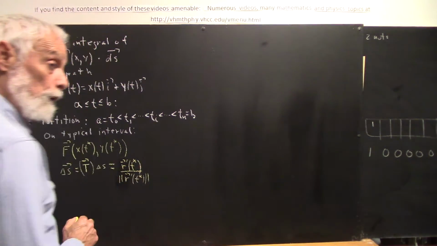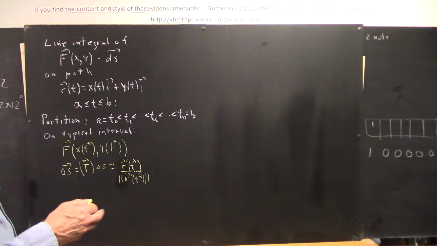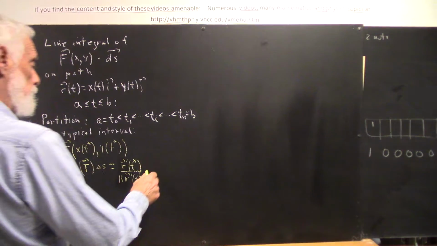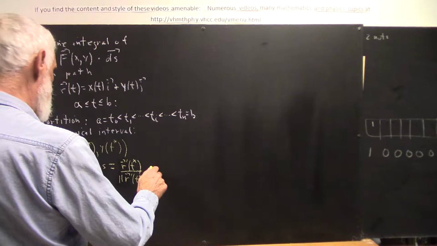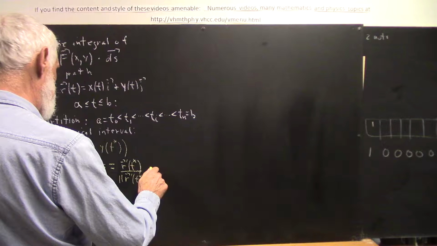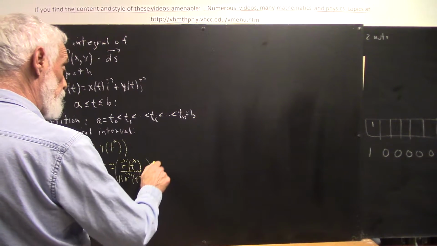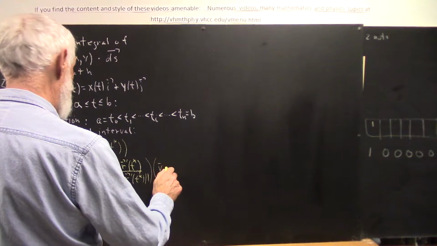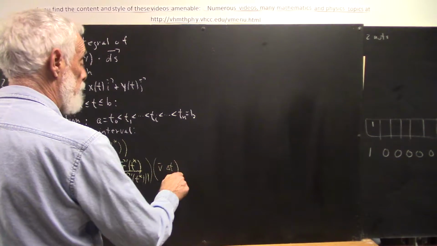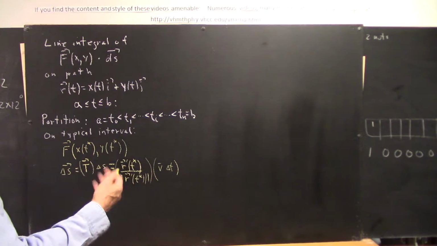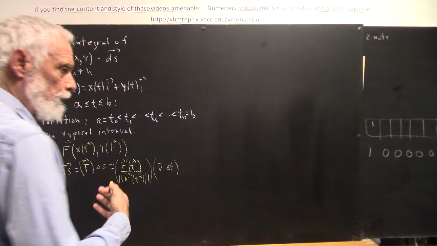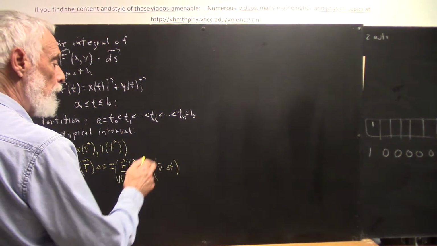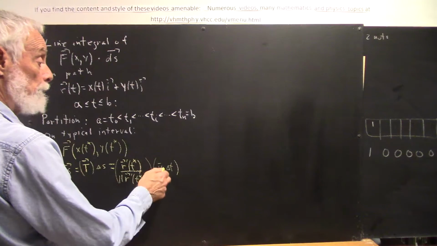And delta s is what? Delta s is how fast we're moving times our time interval. If you want to think of this in terms of time, whether you think of it in terms of time or not, it's going to be this vector times our average velocity times delta t. Now you kind of have to prove that, and then you have to move away from the assumption that this is time and so forth. But whatever I mean by v bar, I mean the rate of change of r with respect to t.